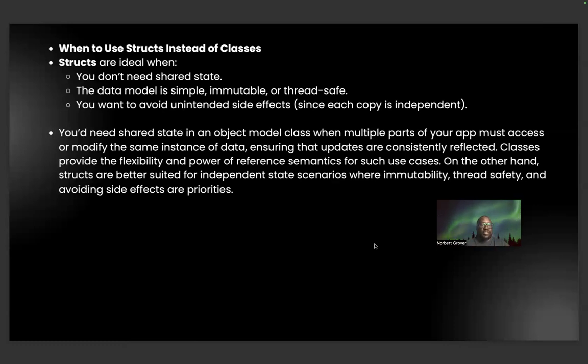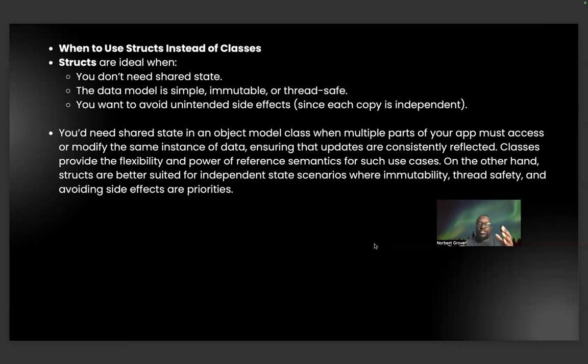You need shared state in an object model class when multiple parts of your app must access or modify the same instance of data, ensuring that updates are consistently reflected. Classes provide that flexibility and power of reference semantics for such use cases. On the other hand, structs are better suited for independent state scenarios where immutability, thread safety, and avoiding side effects are priorities.